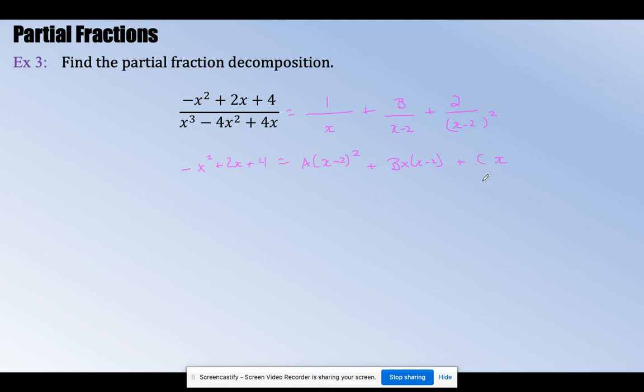But remember, we found A and we found C. So A is equal to 1, and C is equal to 2.